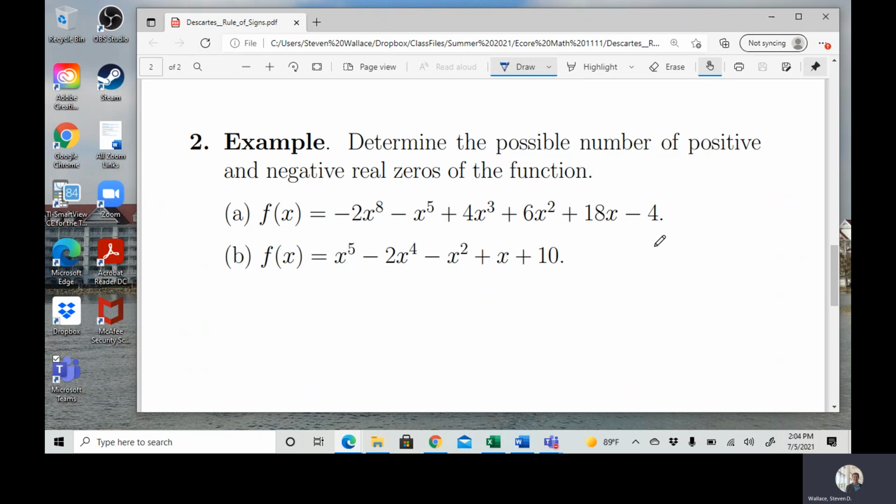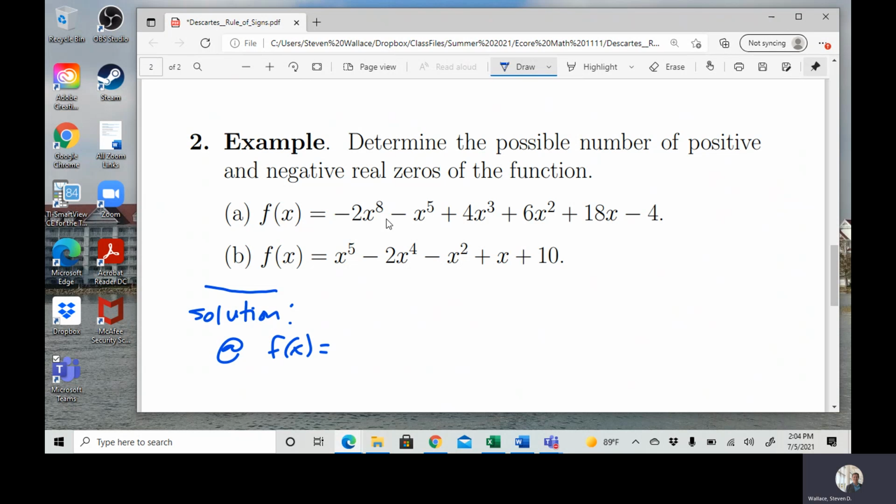So determine the number of positive and negative real zeros that are possible, for each of these. So let's look at this here. If we see the number of sign changes of f of x, notice that the degree is 8. So there's possibly 8 real zeros of this.